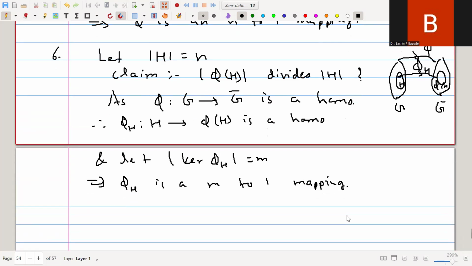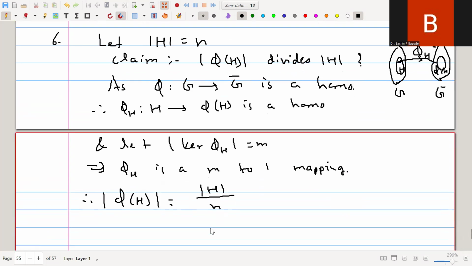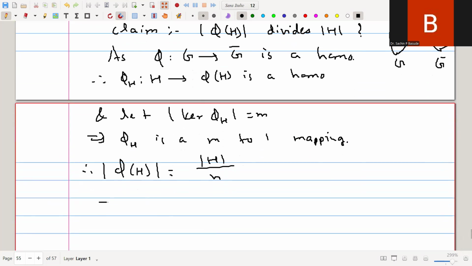And for such mappings, the order of the image set is the order of the domain divided by the number of elements in the kernel. So we can write the order of h, the number of elements in the domain, equals m into order of phi of h. So this proves order of phi of h divides order of h.